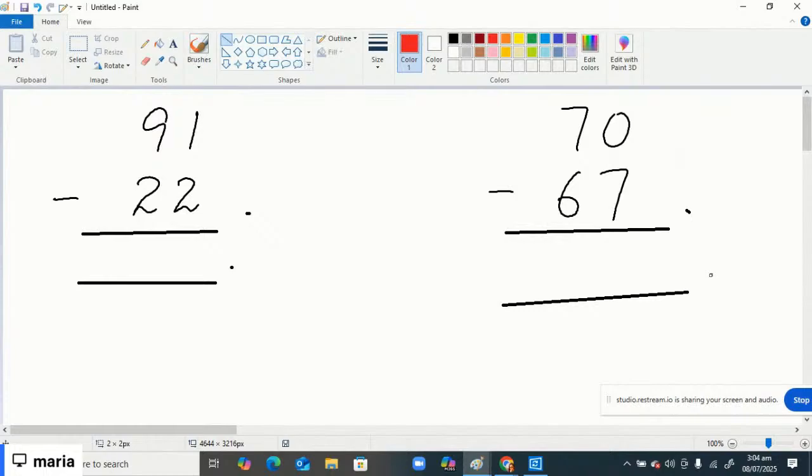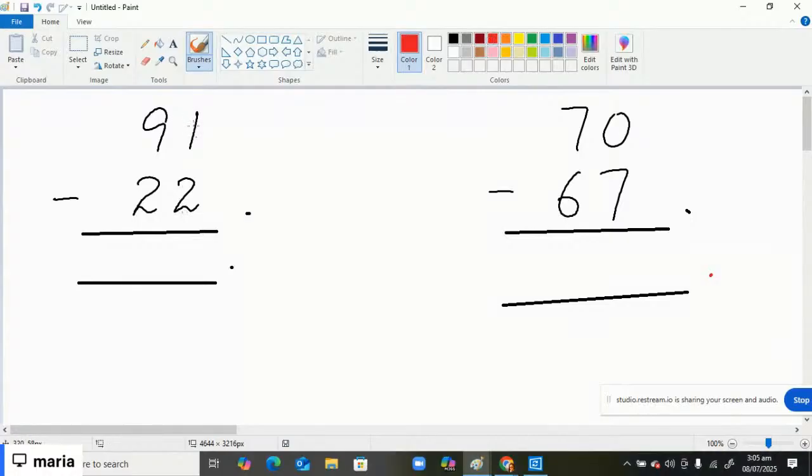Let's start the first. So first of all, you guys tell me, 1 out of 2 is possible? No, there is no possibility because the smaller number cannot be subtracted from the bigger number, but here is the smaller number and here is the bigger number.